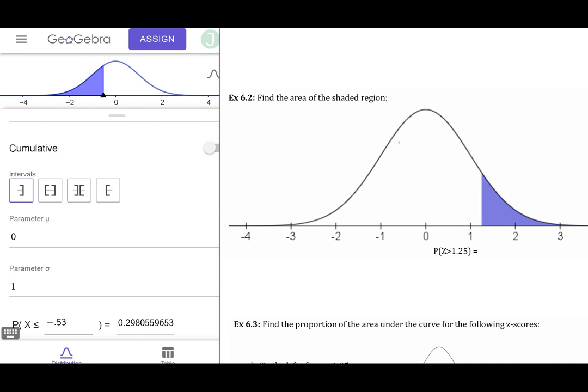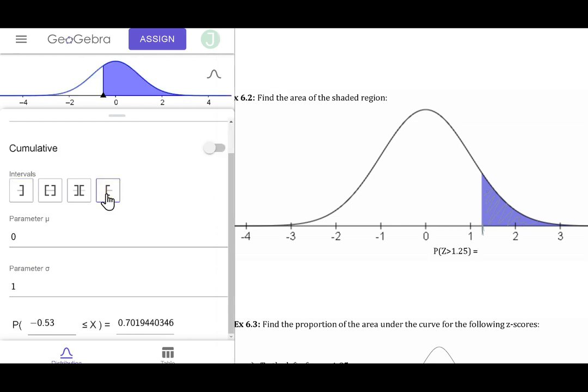To find the area to the right of a z-score of 1.25, in this shaded region here, we're just going to choose the right tail shading. Again, the standard normal distribution has a mean of 0 and a standard deviation of 1. We're going to type in an x value of 1.25.